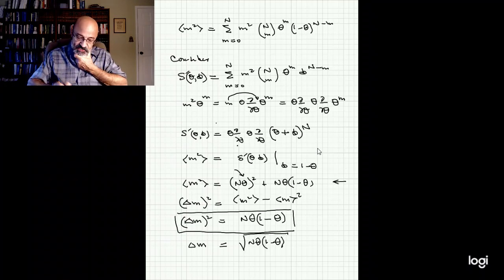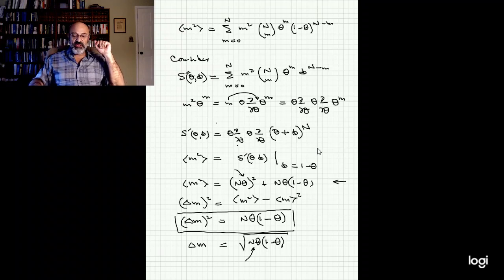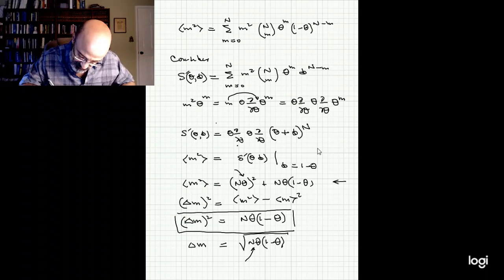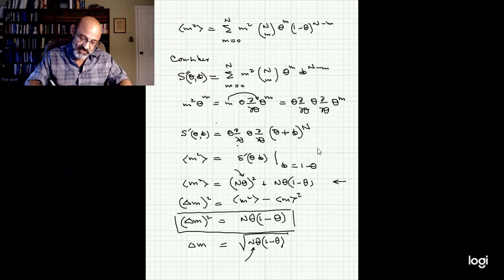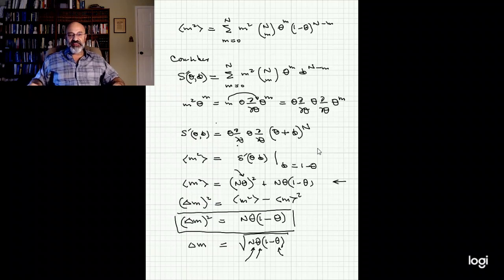Now, one of the things you see here is that the standard deviation grows when you increase the number of trials. You can also see that if theta is equal to 0 or theta is equal to 1, then the standard deviation is 0.